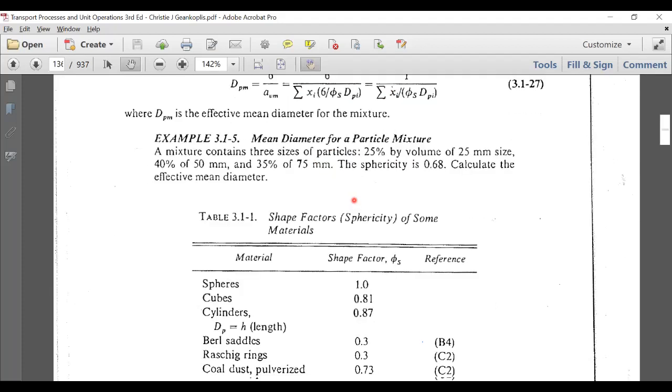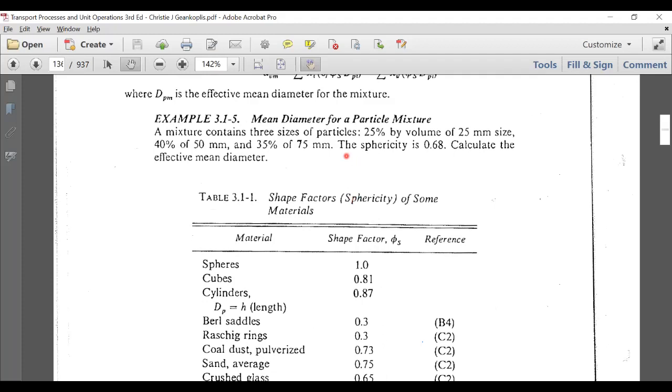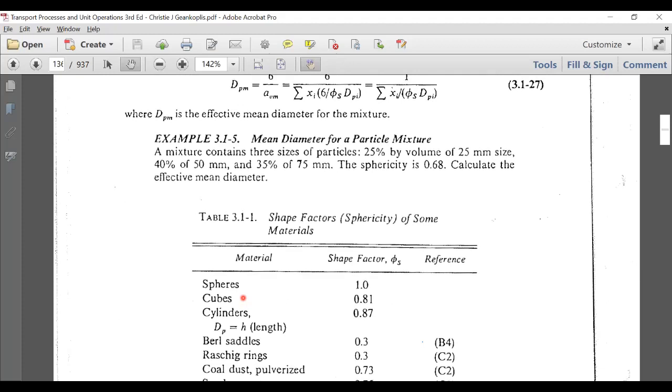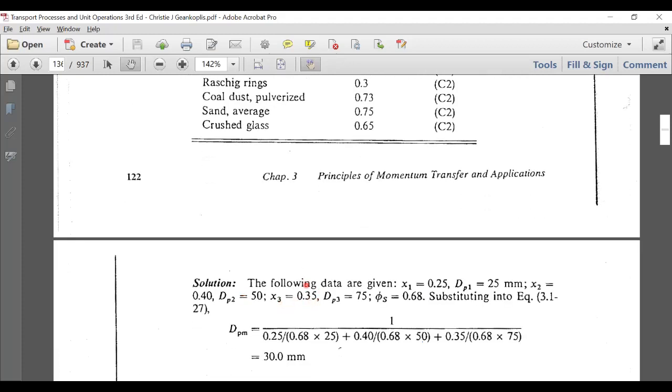Based on example 3.15, X1 is 0.25 with a particle diameter of 25 millimeter. X2 is 0.4 with a particle diameter of 50. And X3 is 0.35 with a particle diameter of 75. The sphericity factor of these particles is 0.68.